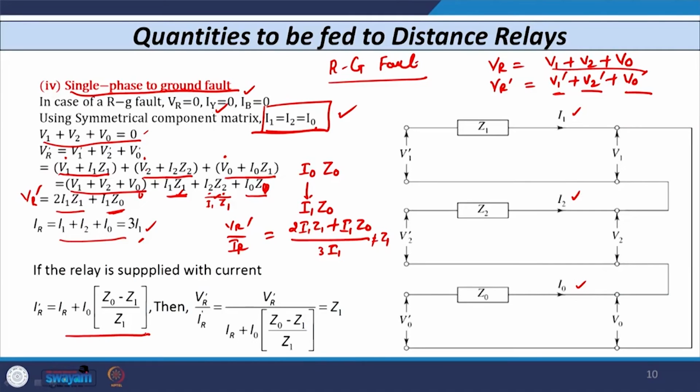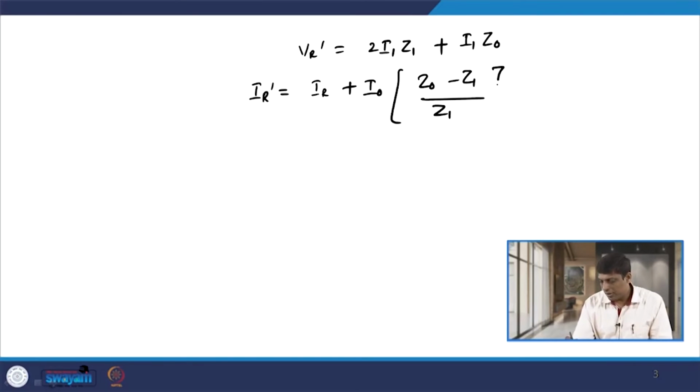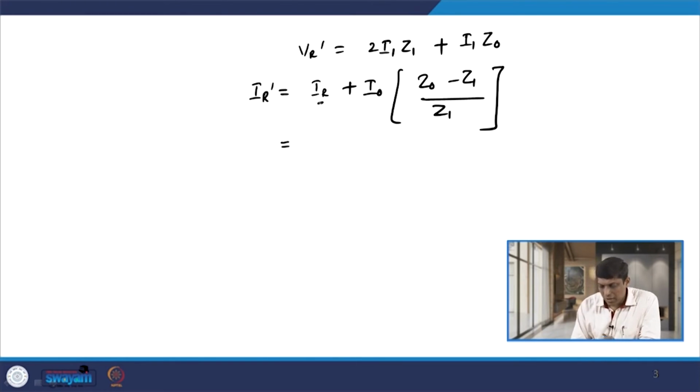We are providing, to the R phase relay, IR dash is equal to IR plus I0 into Z0 minus Z1 upon Z1. So, if I give this value, let us see how VR dash by IR dash will give Z1. So, here, what is IR?